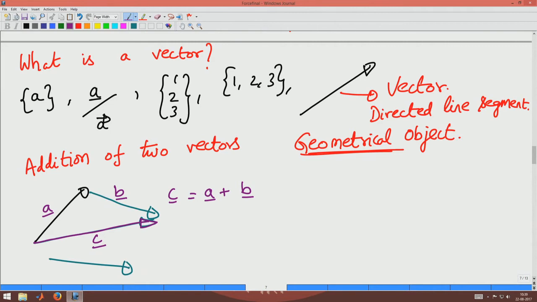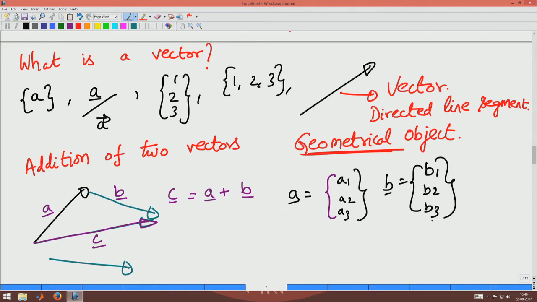For us, if A were to be written as A1, A2, A3 and B were to be written as B1, B2, B3, then C is A1 plus B1, A2 plus B2, A3 plus B3.